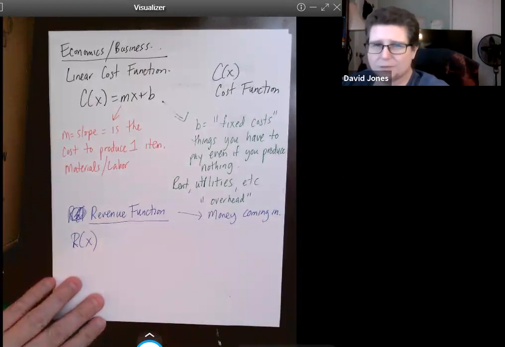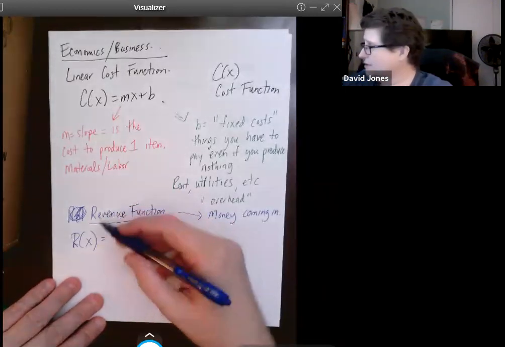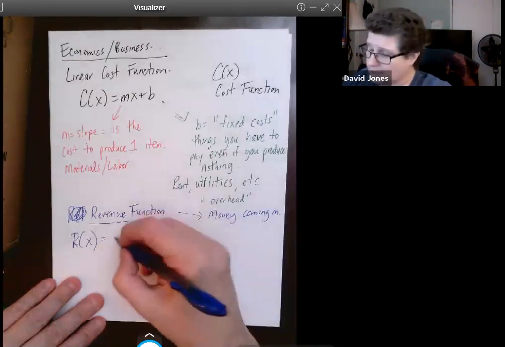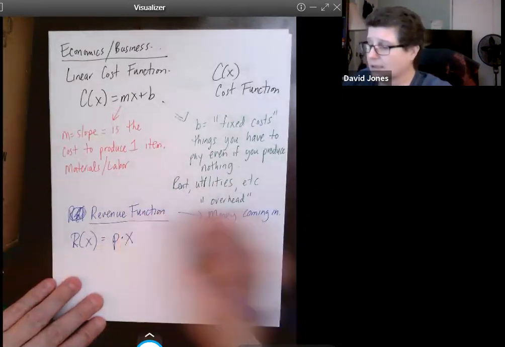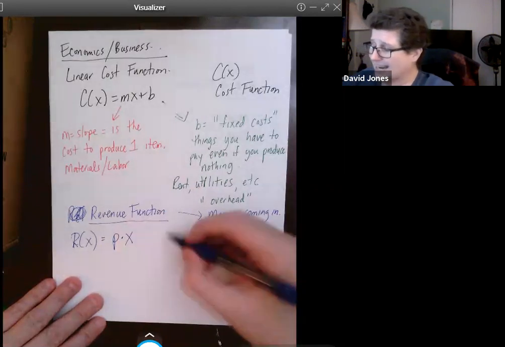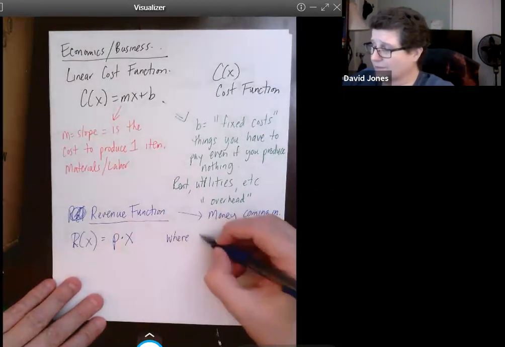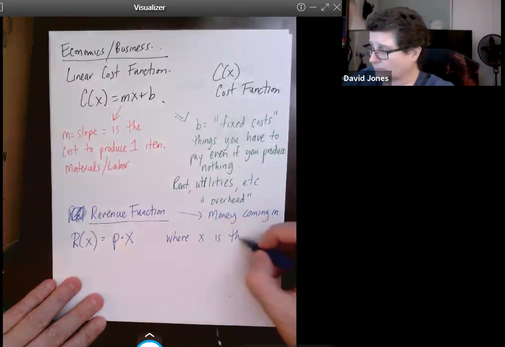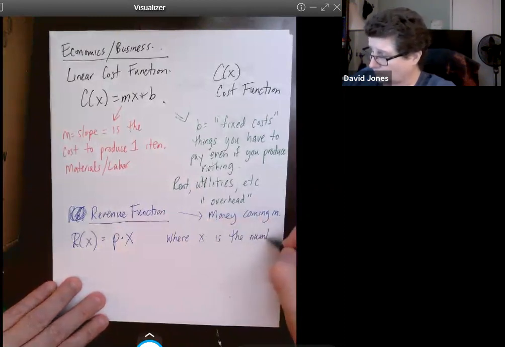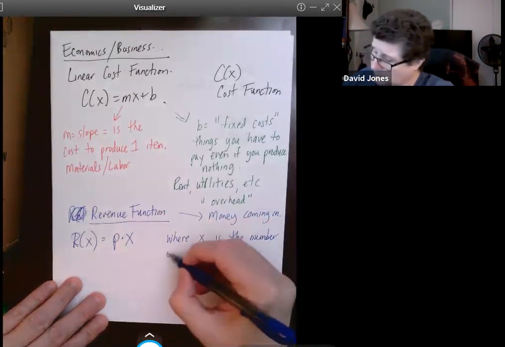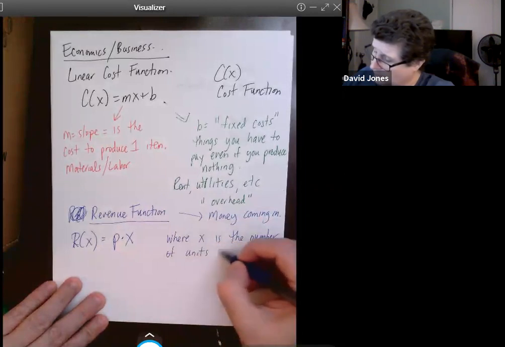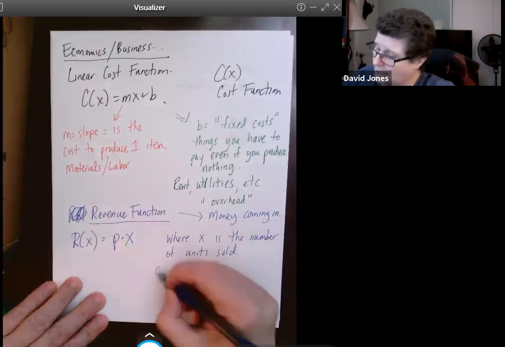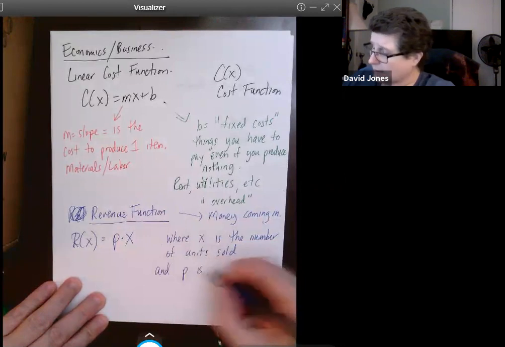You sell one item, you get $2. You sell two items, you get $4. You sell three items, you get $6. They tend to write this as P times X, where X is the number of units sold, and P is the sales price.